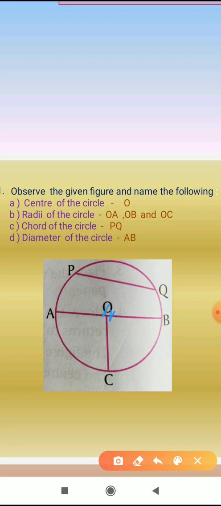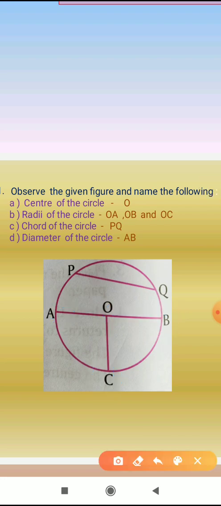So from the center of the circle, there are three line segments: OA, OB and OC. These three line segments go from the center to points A, B and C on the circle. So, OA, OB and OC are the radii of the circle.